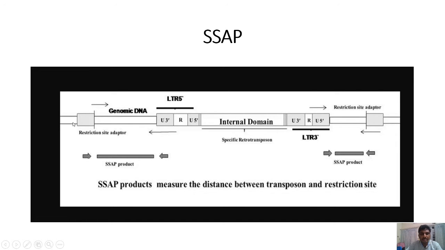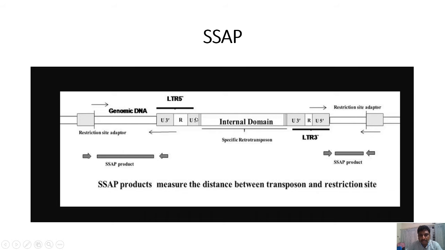So this is the picture. Here you can see a retrotransposon that is inserted within the genome. It has a specific constitution, because on both of its ends it is flanked with LTR sequences, long terminal repeats.